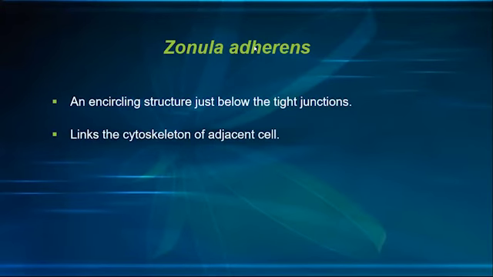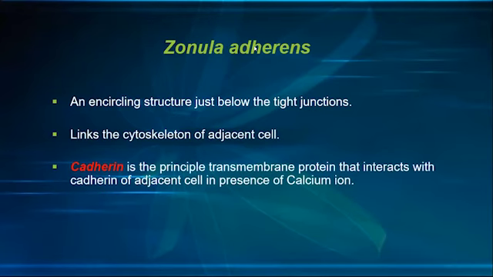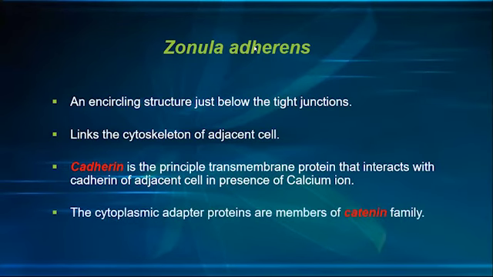This type of junction is present just below the tight junction and it encircles the cell membranes in the same fashion as in the case of the tight junctions. Then I have mentioned the transmembrane protein in the case of zonular adherens, that is the cadherin protein.